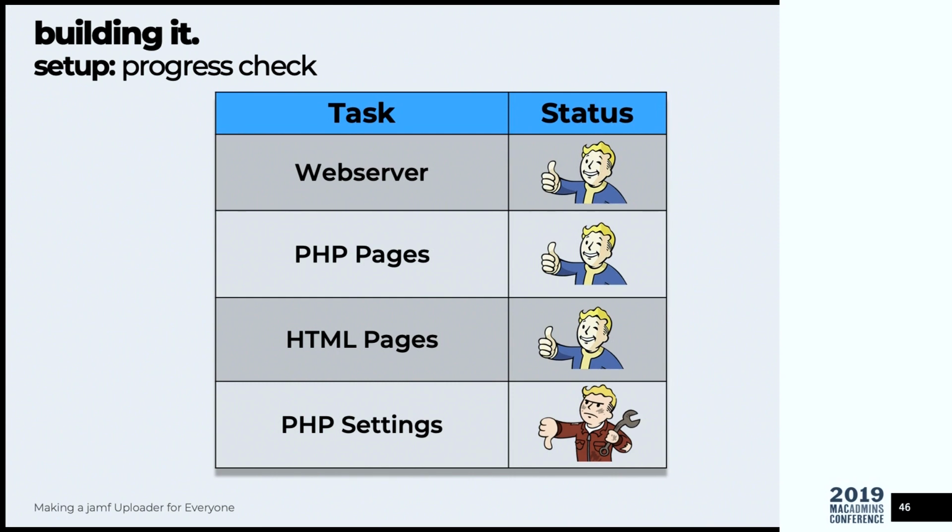And you notice I have PHP settings up there, and we already did PHP, but these aren't in the actual PHP pages for the upload page. These settings are going to be set in the php.ini file, and the location's going to vary, but it's going to be the same exact file whether you're using Windows or Linux.